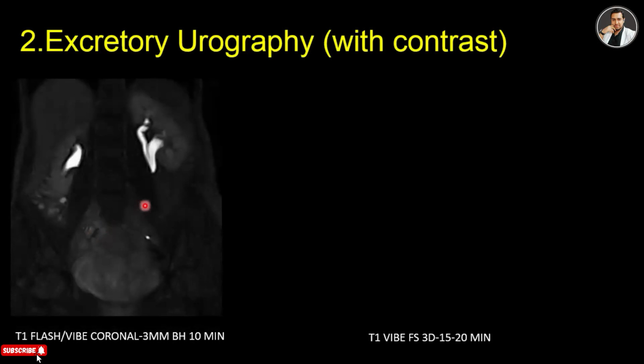This is the image after 10 minutes post-contrast, and you can see in this T1 Vibe coronal image that the renal collecting system or renal pelvis is enhanced with the contrast, but the ureter is not visible here.